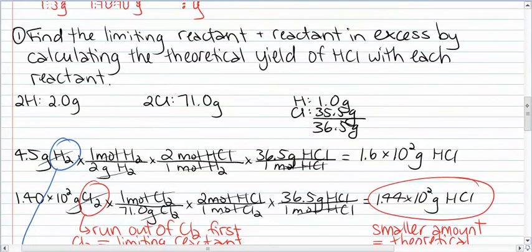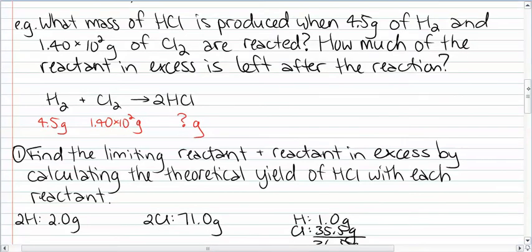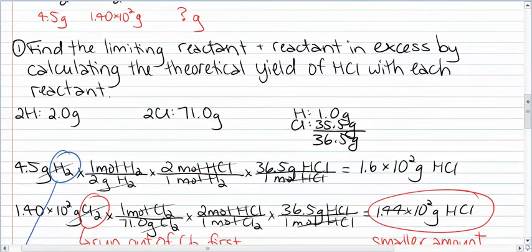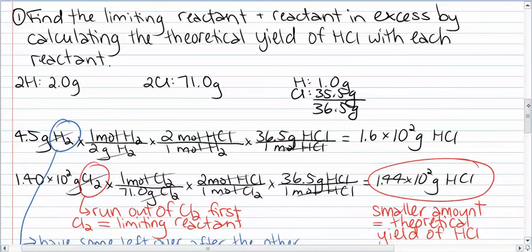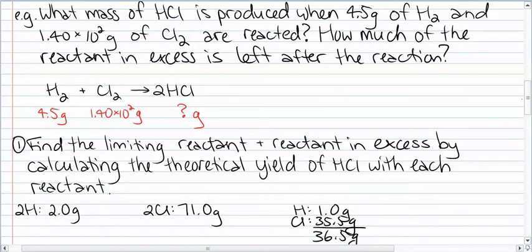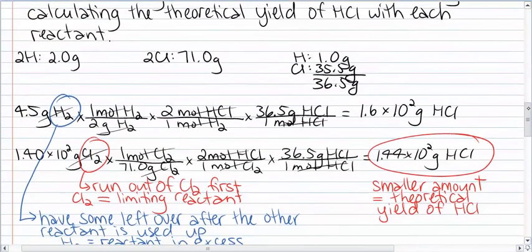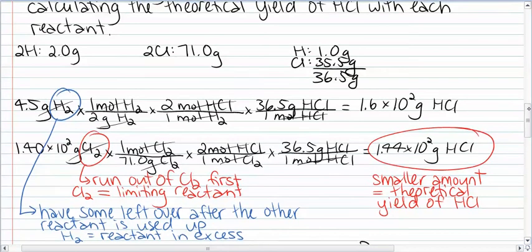So if we look back at the question, it asked what mass of HCl is produced. So we look at our two yields, we pick the smaller number, and that answers the first part of the question. The second part of the question is asking how much of the reactant in excess is left after the reaction. So remember, the reactant in excess is the H2.